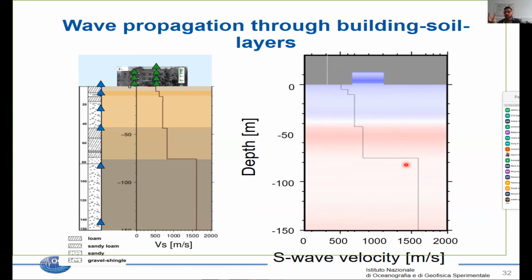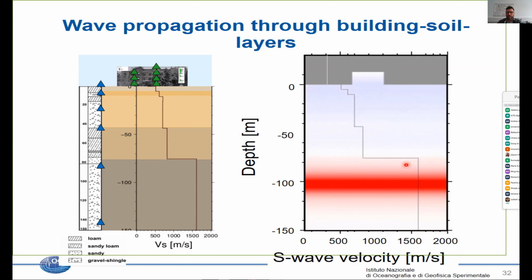So we have also downgoing waves in the recording in the underground. This means that a standard spectral ratio using the surface station to the downhole station might not describe directly the transfer function from the bottom to the top. Okay?